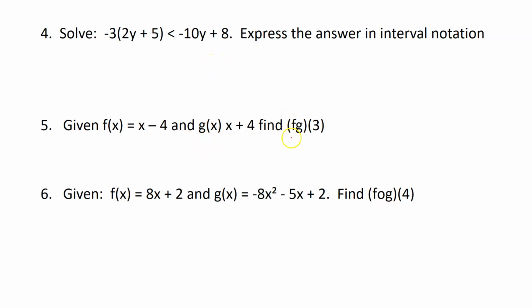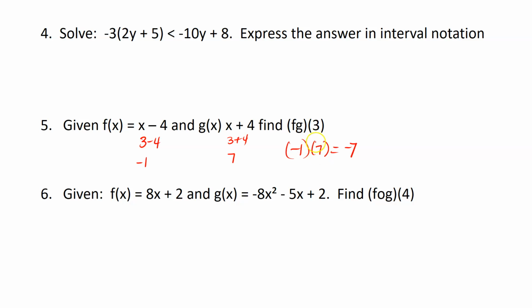Now here, what I want to do is take 3 and substitute it in f, take 3 and substitute it in g, work out each one of those expressions, and then find the product. So 3 minus 4 would be -1, 3 plus 4 would be 7, and then -1 times 7 would end up to be -7.